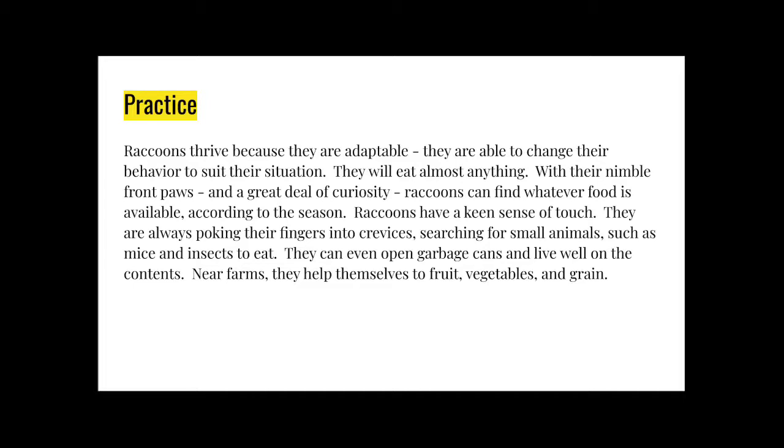We also see some examples where it states that they're poking their fingers into crevices, searching for small animals. It says that they're capable of opening garbage cans. And then finally, it says that they help themselves to fruit, vegetables, and grain. So here we see 3 different examples of how raccoons are able to adapt. Based on this information, what does adaptable mean?